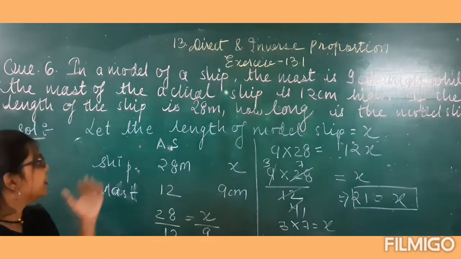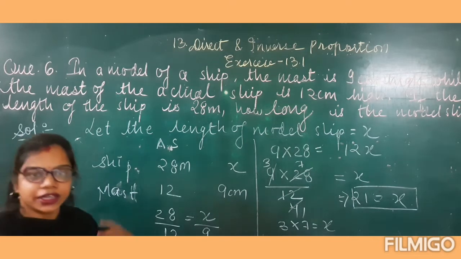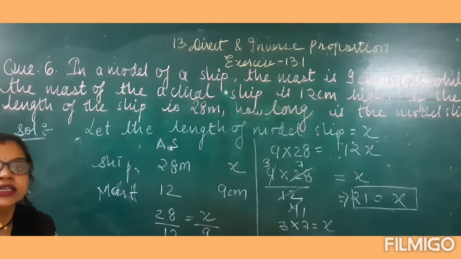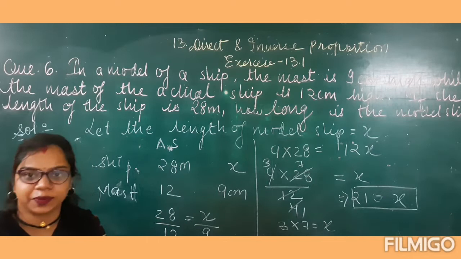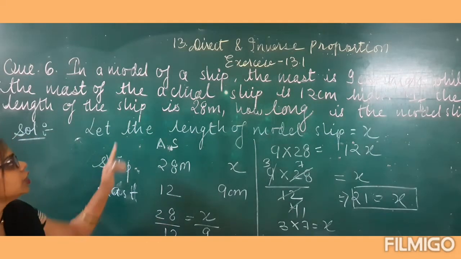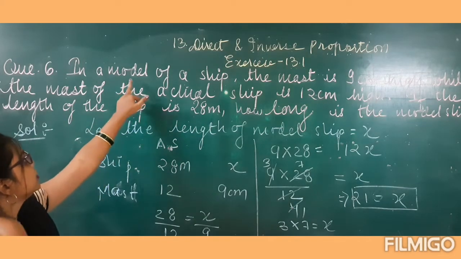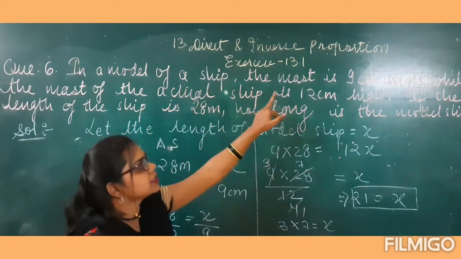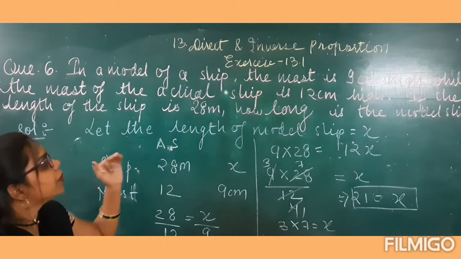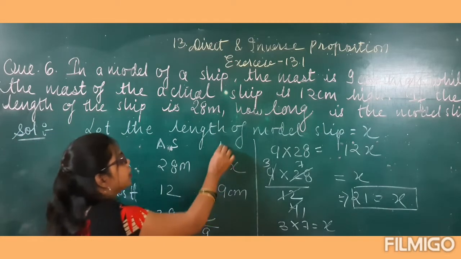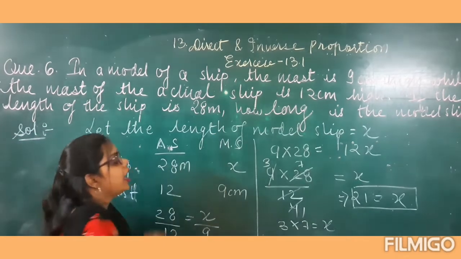So in this question I am again repeating it. Here you are given the mast of the ship for which you are preparing a model, and you are given the length of the actual ship. The mast of the model ship is 9 centimeter. This is the model ship, and this is the actual ship.